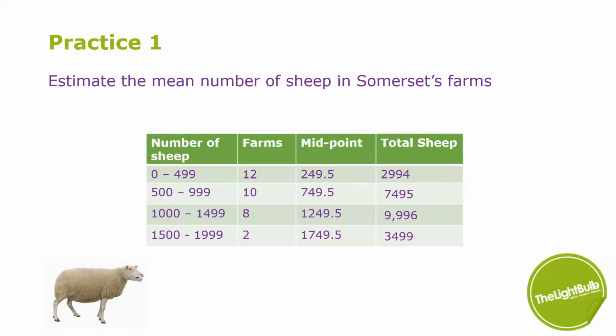Okay. And so these are the numbers that should be appearing in your final column. Your farms times the midpoint, so 12 times 249.5 gives us 2,994. Next row down, 10 times 749.5 gives us 7,495, and so on.